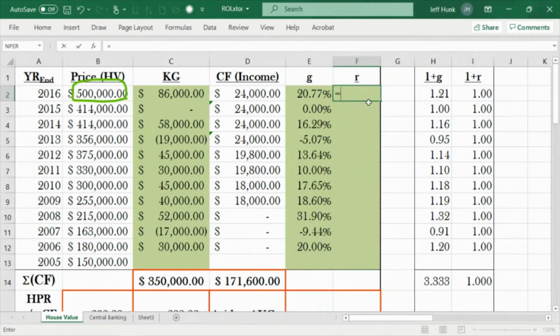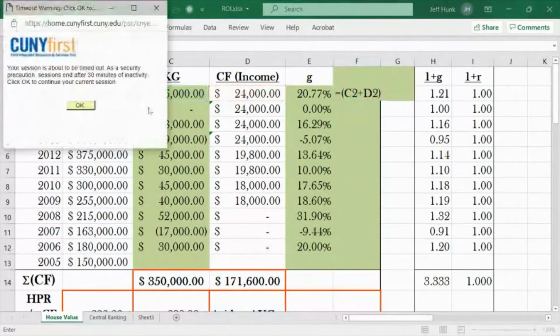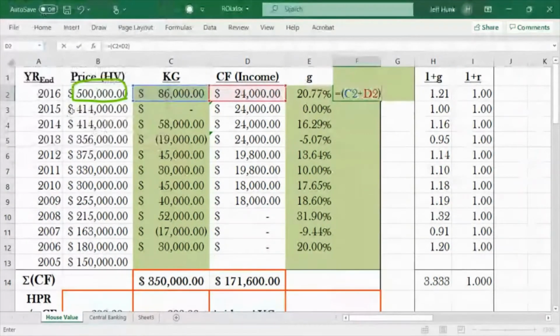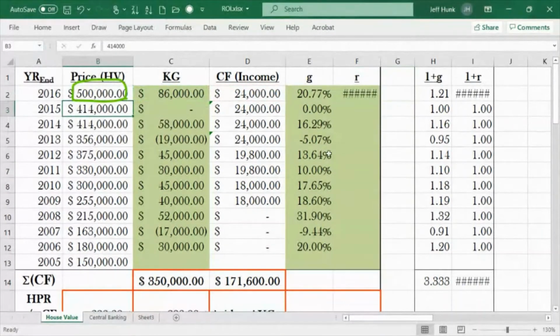So then what is it? Capital gains plus cash flow, divided by the previous year's price. And if you see something like this, don't panic. Oh, I didn't even divide it.